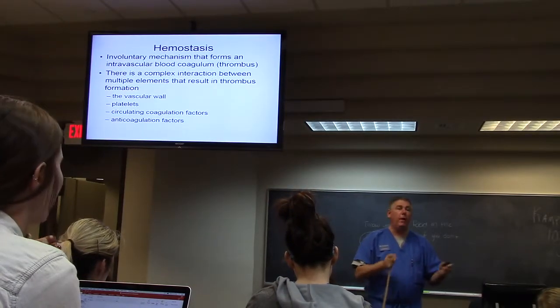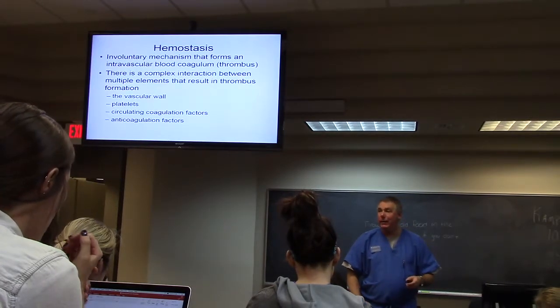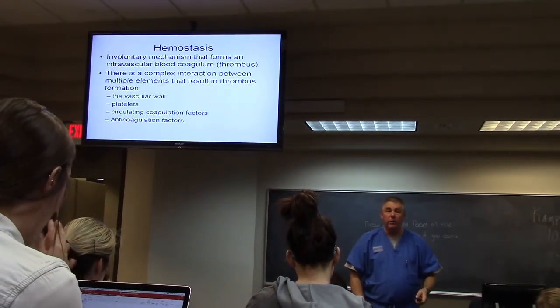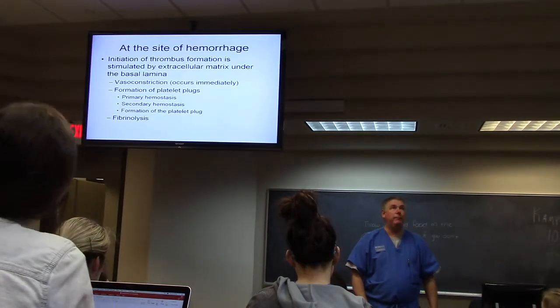Or as soon as you form a thrombus, you want to start getting rid of it. Or you want to limit the extent of the thrombus, otherwise you're going to be nothing but a big thrombus, which is not a good thing.